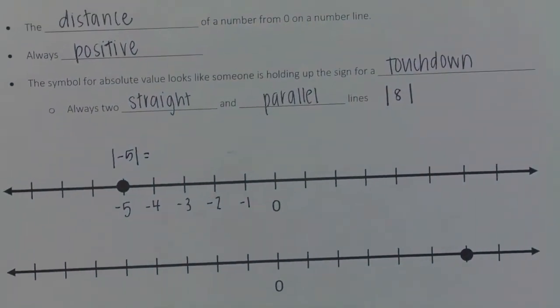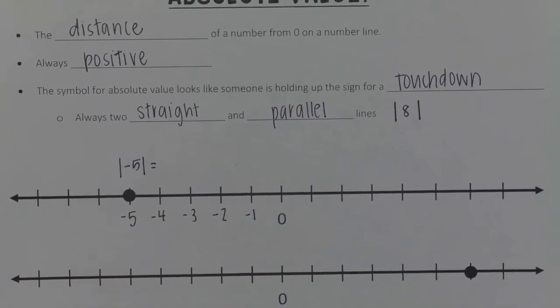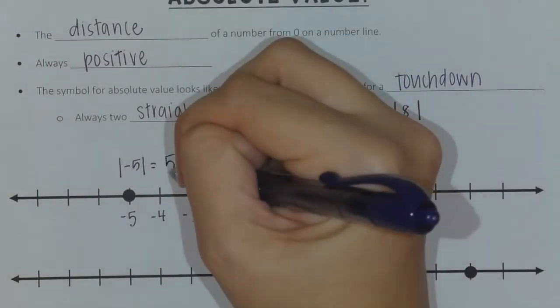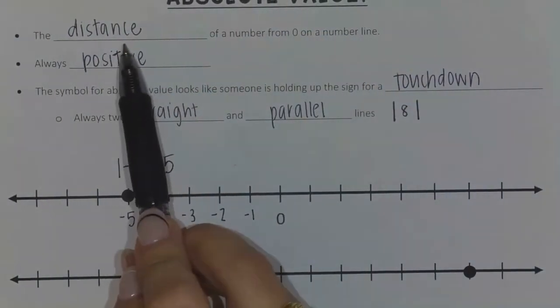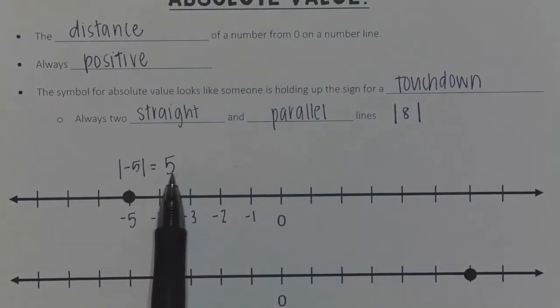Again, I'm measuring how far that number is from the number 0. If I start at -5 and I count how many spaces it takes to get me to 0, that would be 1, 2, 3, 4, 5. So the absolute value of -5 is just 5. That's how far it is from 0, and I got a positive answer.